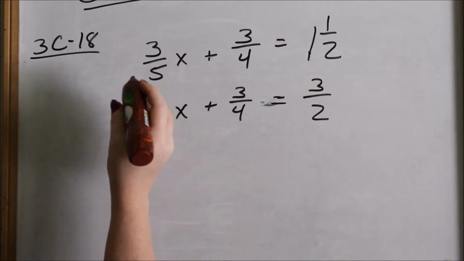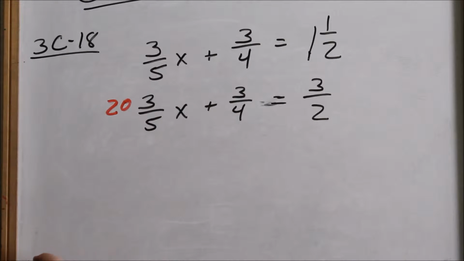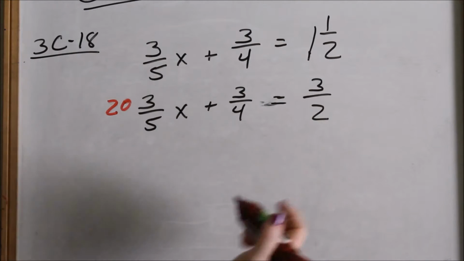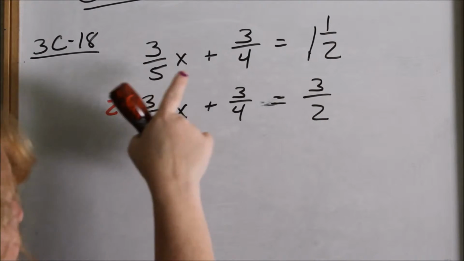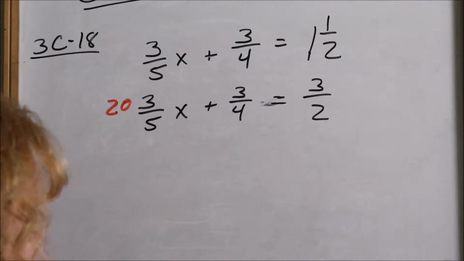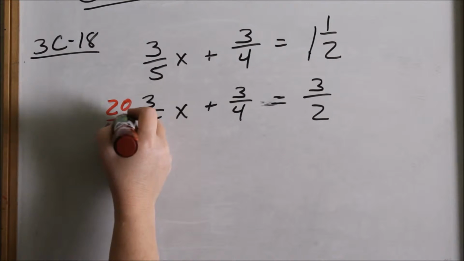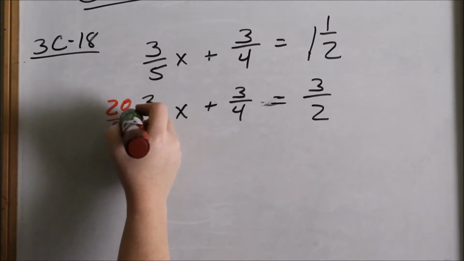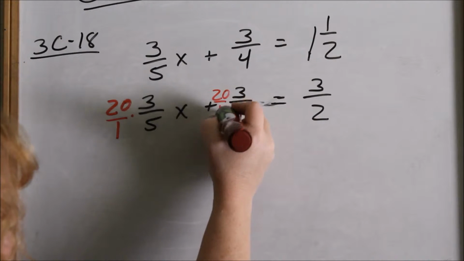The reason I can do this is that if I multiply this by 20, then I have to do everything by 20, because that's balancing the equation, it's balancing that seesaw. Whatever I do to one thing, as long as I do it to everything, I am balancing it. So I can make any number a fraction by putting it over 1. So I'm multiplying this by 20 over 1, which means I also have to multiply this one by 20 over 1.